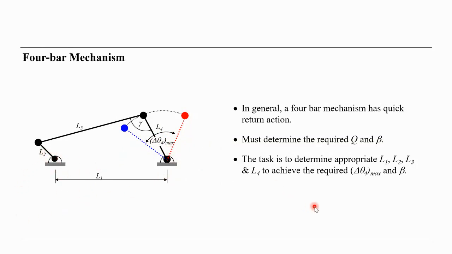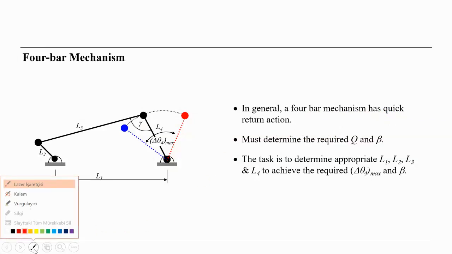That means L2. So in general, a 4-bar mechanism has quick return action. Quick return action we also discussed in slider crank mechanism.